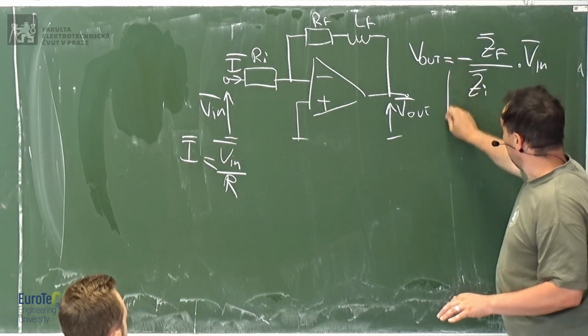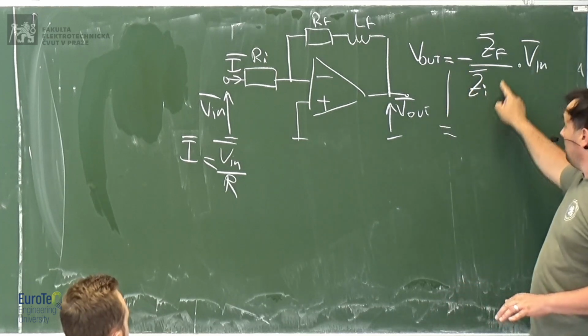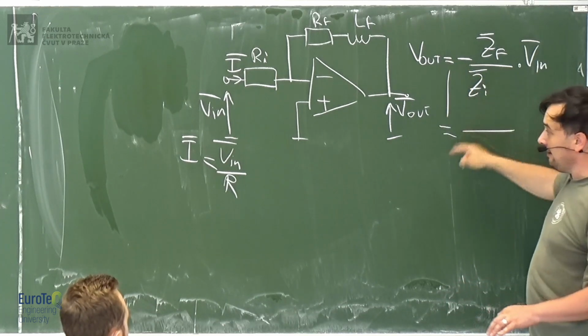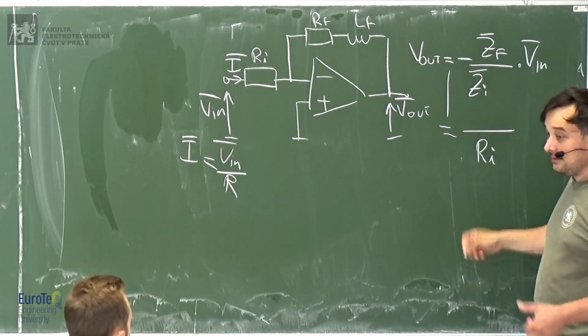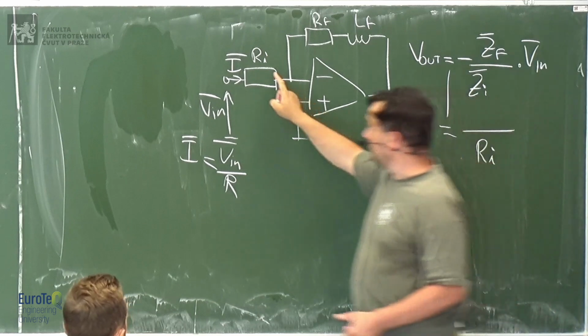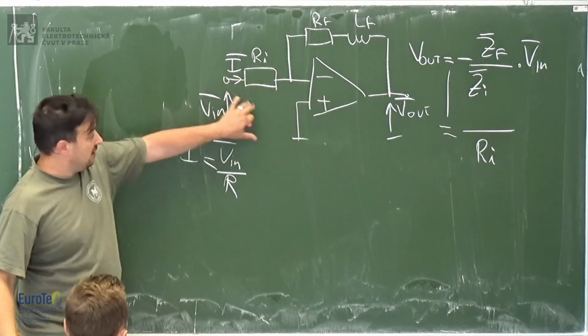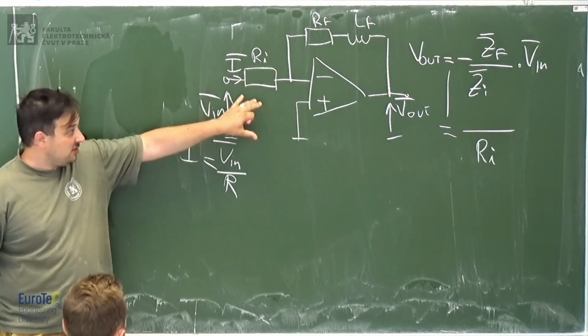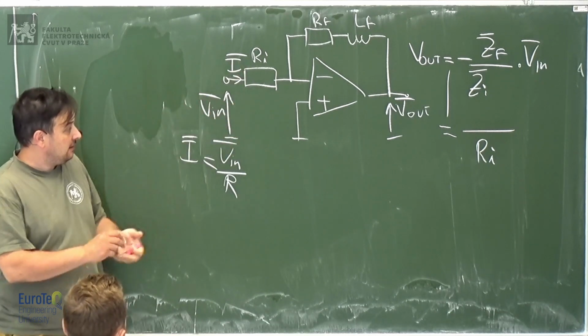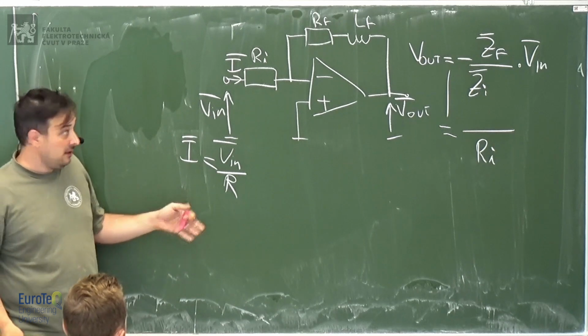Now, Zi is the resistance, because the impedance of this input block is simply the resistance. So the impedance Zi is simply Ri.